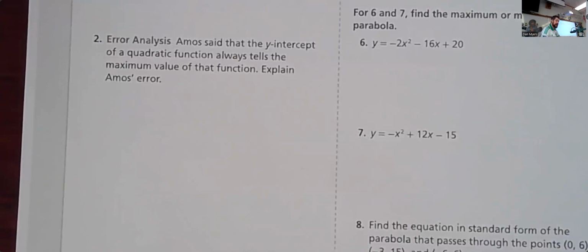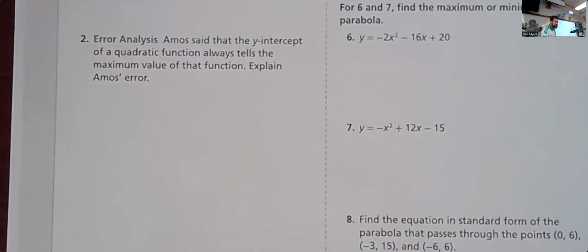It's the vertex, yeah. Sometimes the vertex and the y-intercept are the same thing. Most of the time it's not. So I'd say the error here is the fact that, first of all, we don't know if it's facing up or down. And the maximum value is the vertex, which isn't necessarily the same thing as the y-intercept. In fact, most of the time it's not.